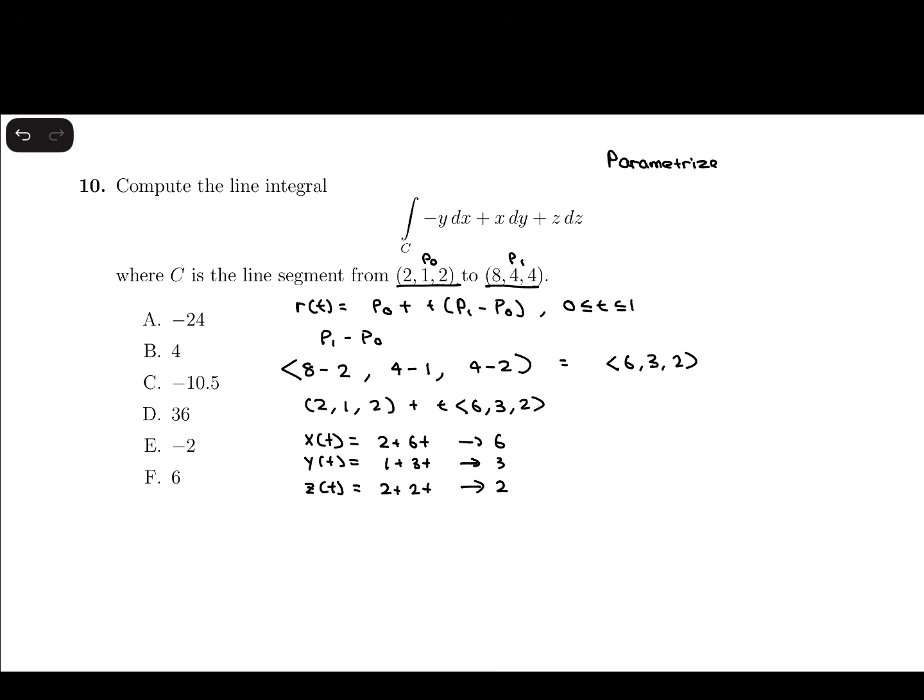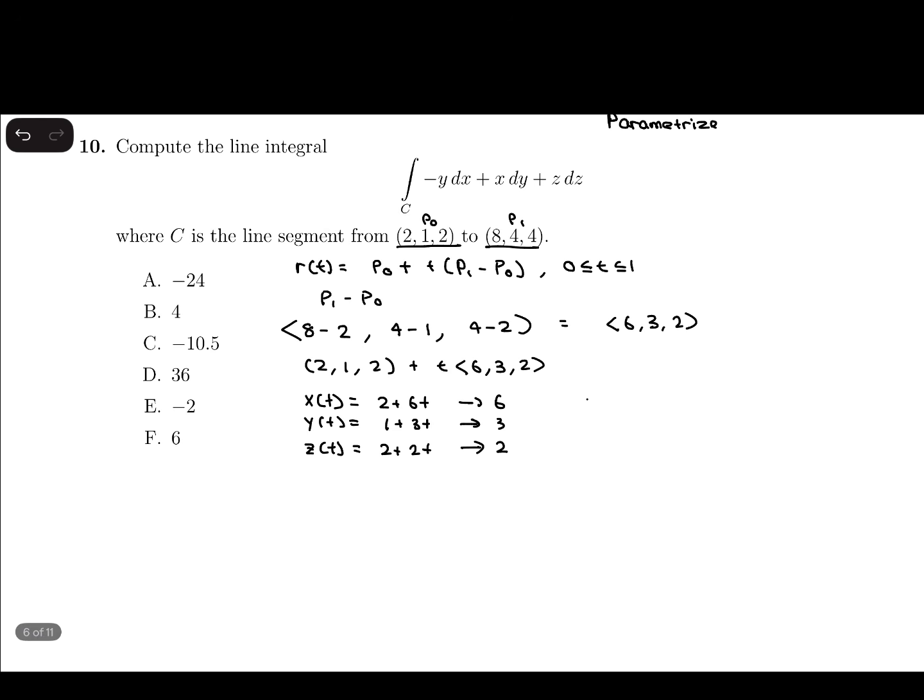Okay, so for our big step, it's substituting everything back into the integral. It's negative y dx, so y is 1 plus 3t. So you get negative (1 plus 3t) times dx, which is 6, plus x, which is 2 plus 6t, times dy, which is 3, plus z dz, which in this case is just (2 plus 2t) times 2.